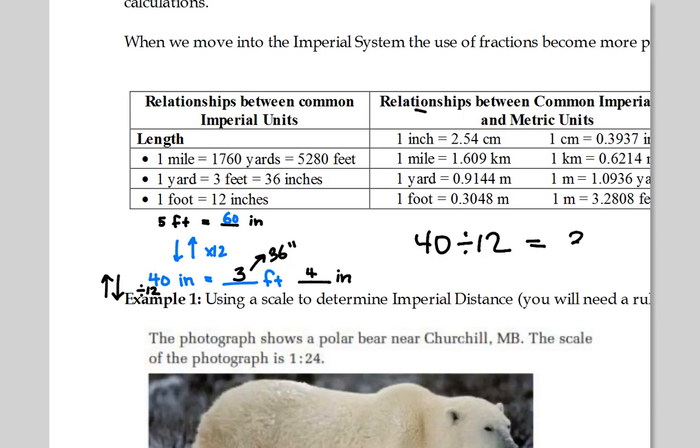So you get the 3, that's this. And then why do you get this 3 repeater? Because 4 inches out of your divisor 12 is a third. 4 divided by 12 is a third.